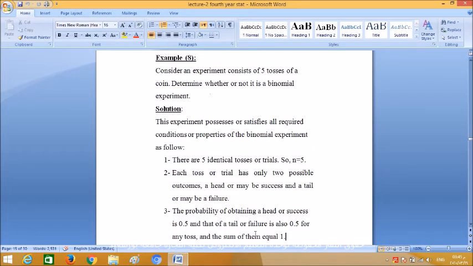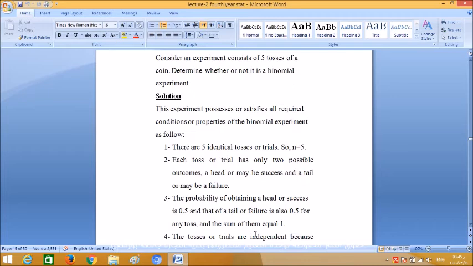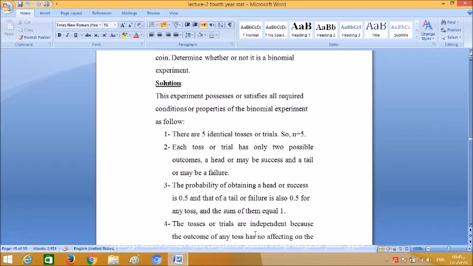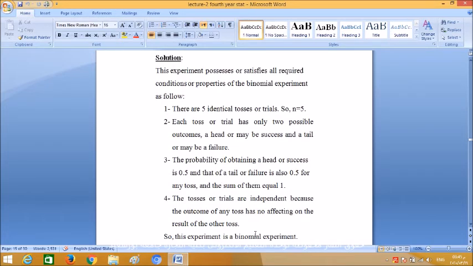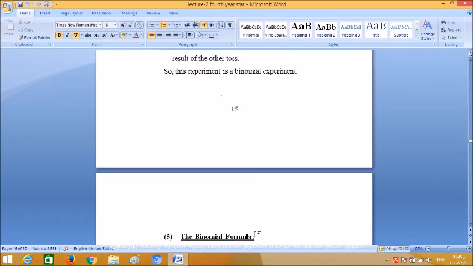The total will be 1 for any toss, and the sum of them equals 1. P plus Q equals 1, and Q equals 1 minus P. The tosses or trials are independent because the outcome of any toss has no effect on the result of the other toss. So this experiment is a binomial experiment because it satisfies all conditions of the binomial.